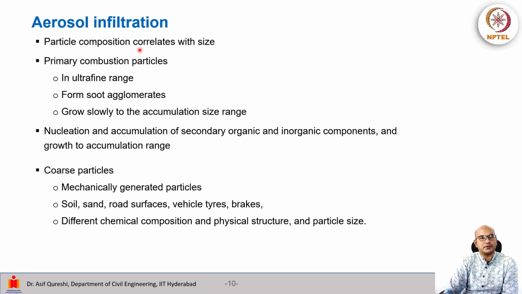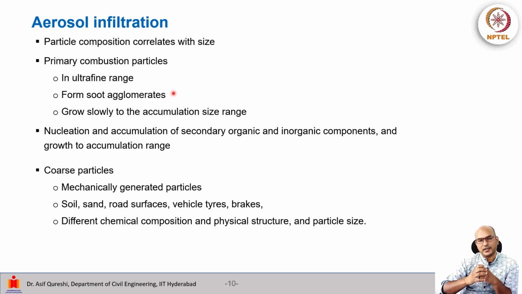So particle composition of course correlates to the size. So we have primary combustion particles which are mostly in the ultrafine range. They can form soot agglomerates after emissions, and then they can nucleate, or they can accumulate on top of some nucleation media and grow slowly.